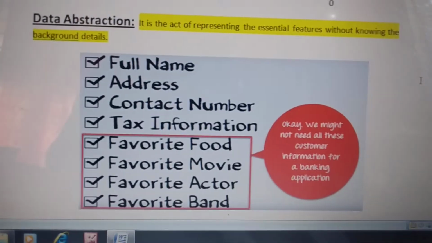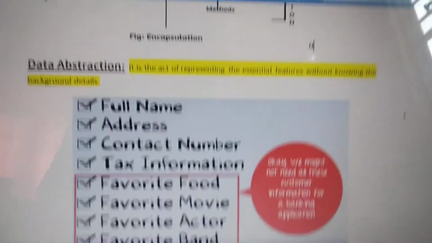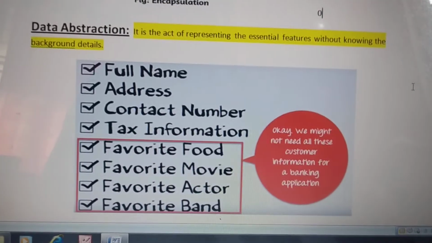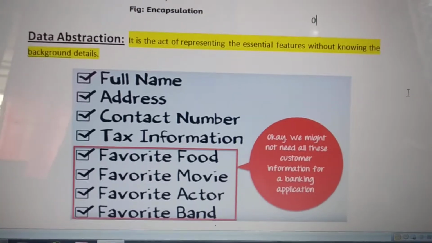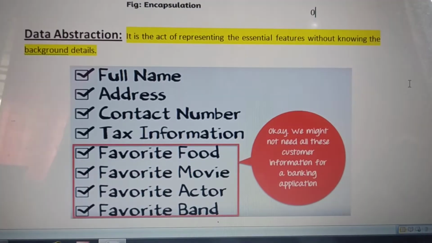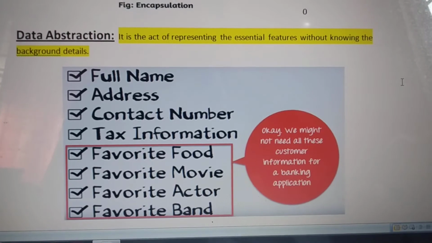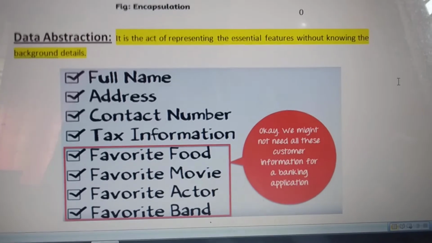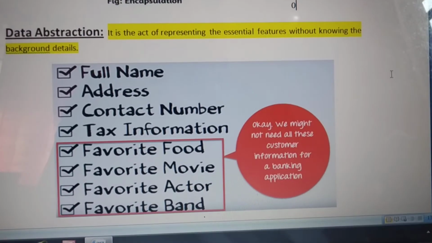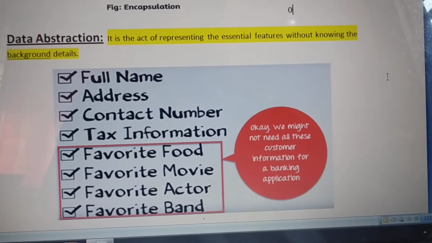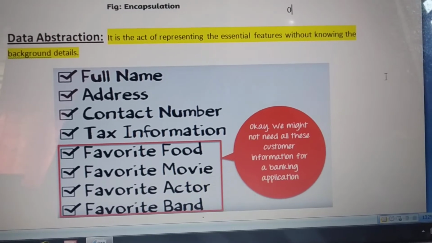So the next one is data abstraction. This is also one of the very important features of object-oriented programming languages. Clear? So now tell me, what is data abstraction? Before going into this, I would like to say that most of you play games, isn't it?